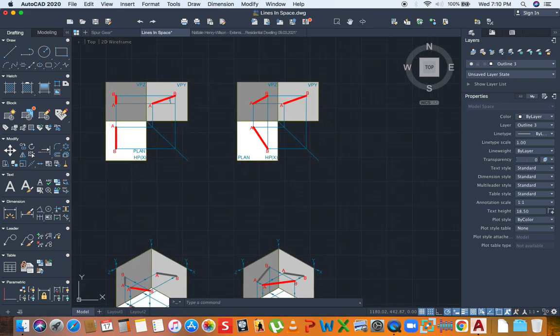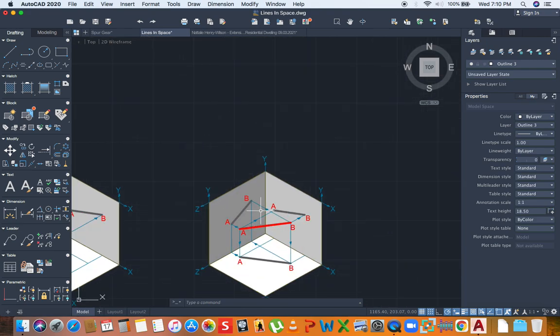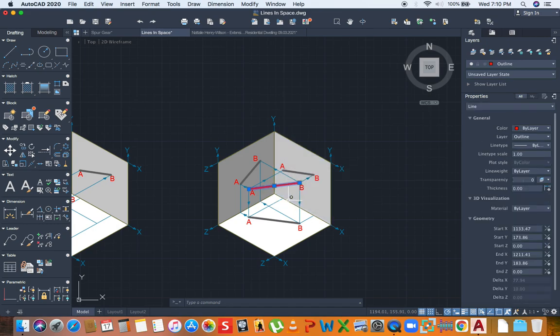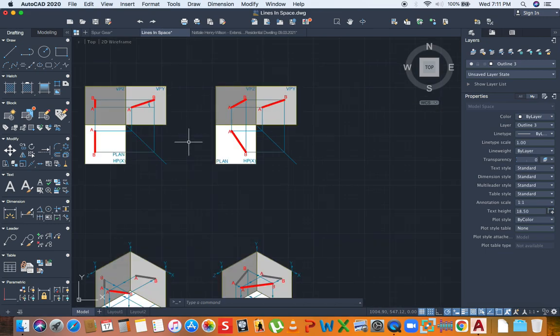So in a case like this, you have to graphically determine the true length as well as the true slope of the line, right? None of these views are showing the true slope of the line either.